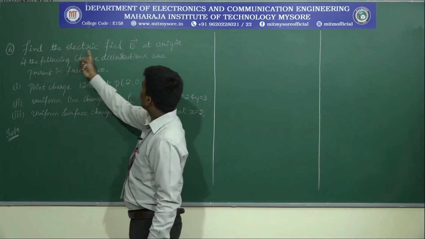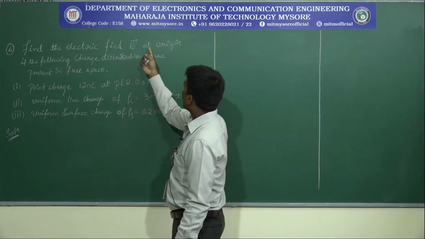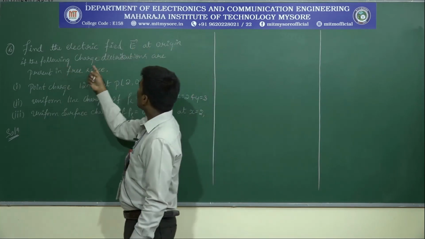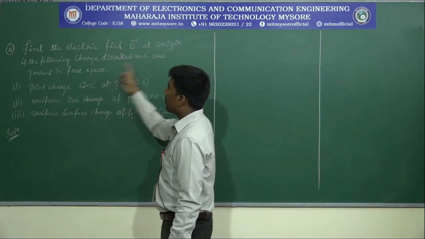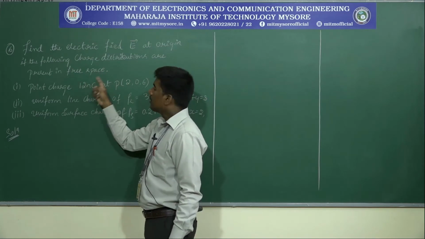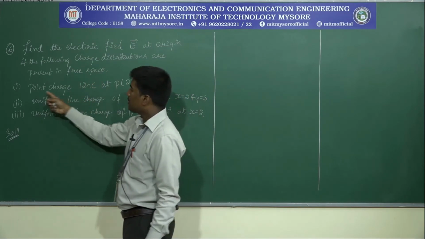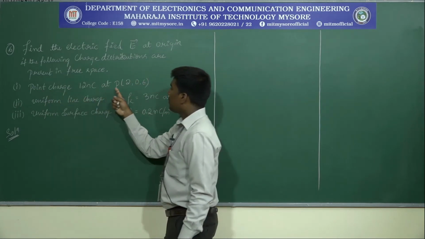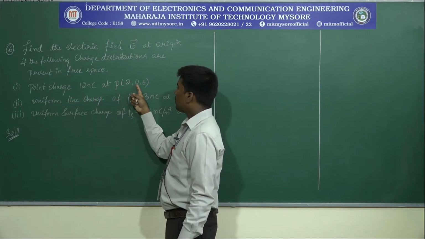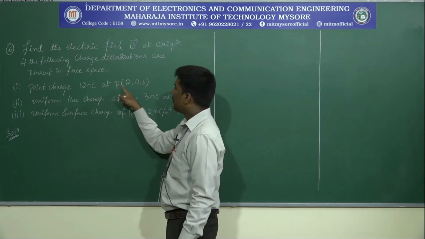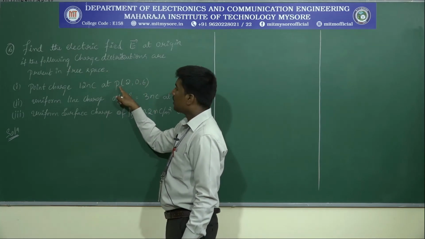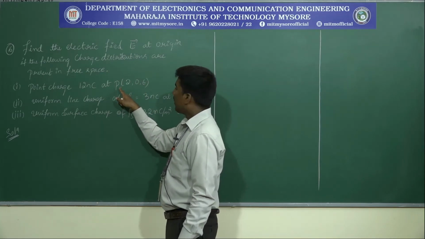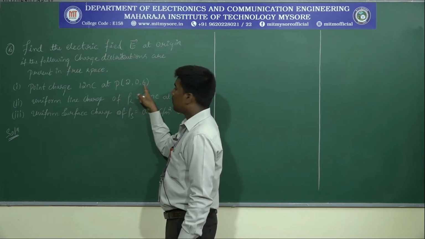Find the electric field intensity E at the origin if the following charge distributions are present in free space. The first condition given is a point charge: a point charge of 12 nanocoulomb at P equal to (2, 0, 6).